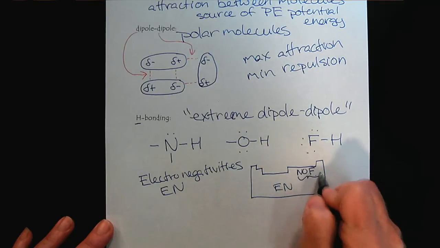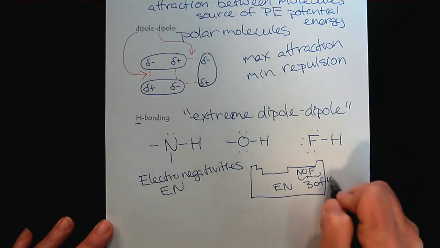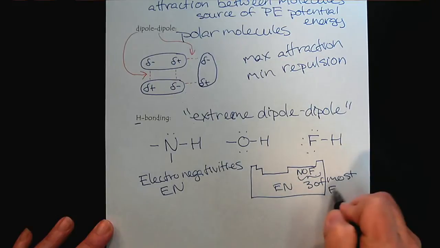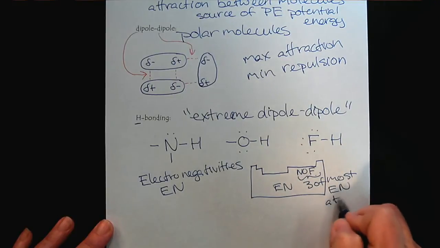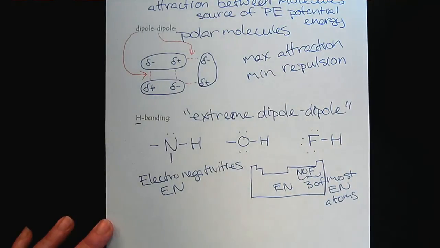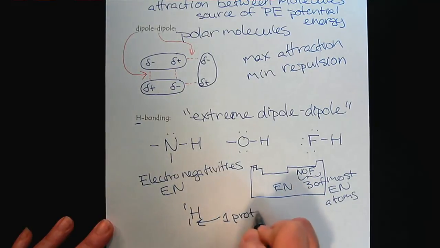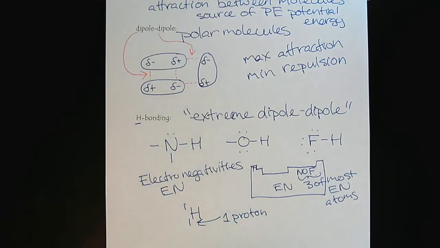So these are 3 of the most electronegative elements. And when they're bonded to hydrogen, remember, poor little hydrogen only has 1 proton. So it does not have a very strong ability to pull on the electrons.